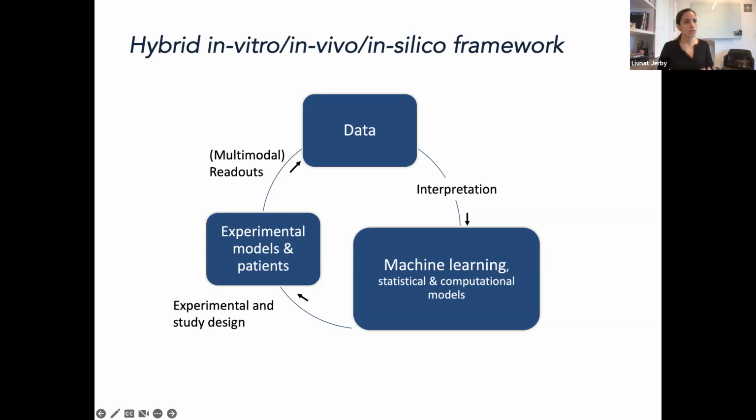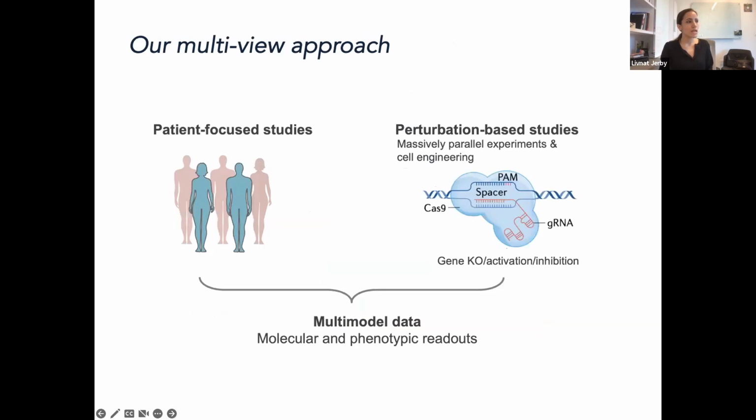So it creates this reciprocal flow of information, which I think is really important. And many people are doing this in the field also through very large collaborations, and also in this context in a fairly multidisciplinary lab.